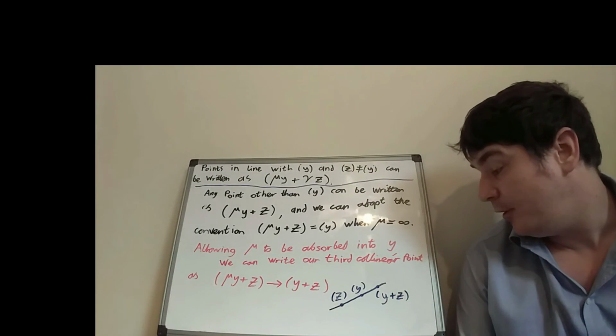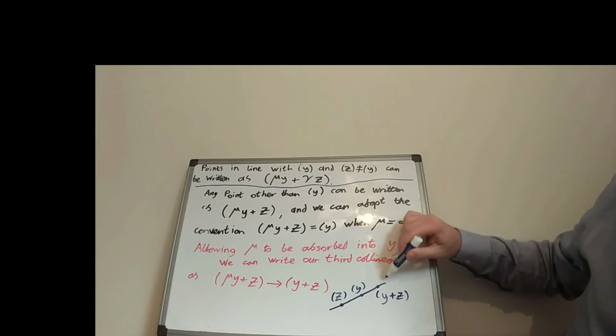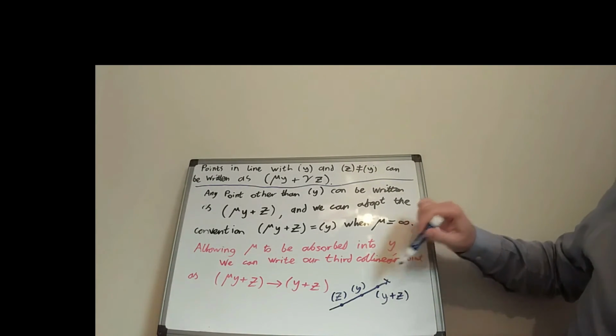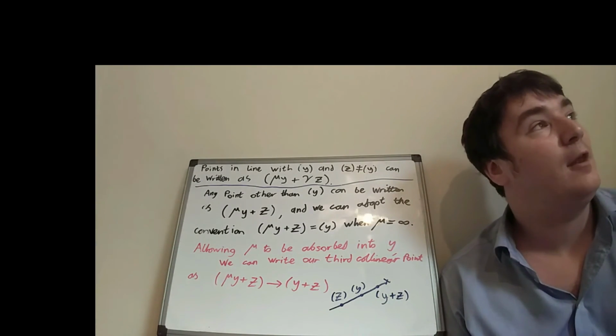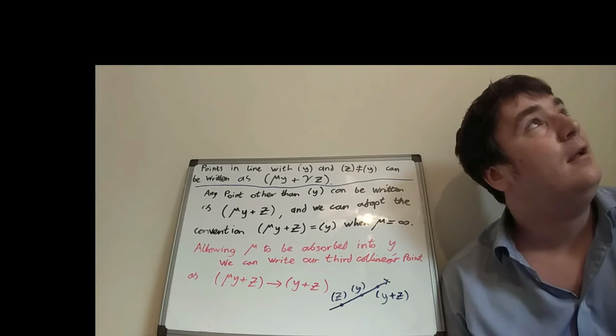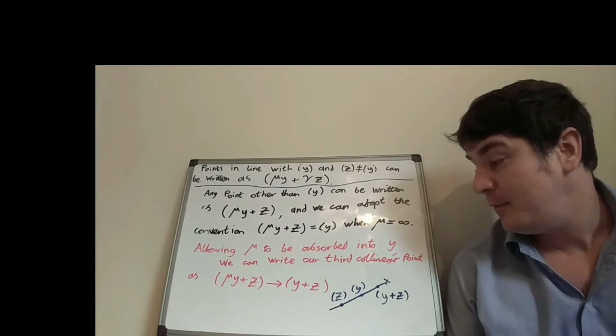But if we have another point on the line, let's say here, of course that can't be written in the same way. So once we've got more than one point on the line, it's time to introduce the proper parameter.